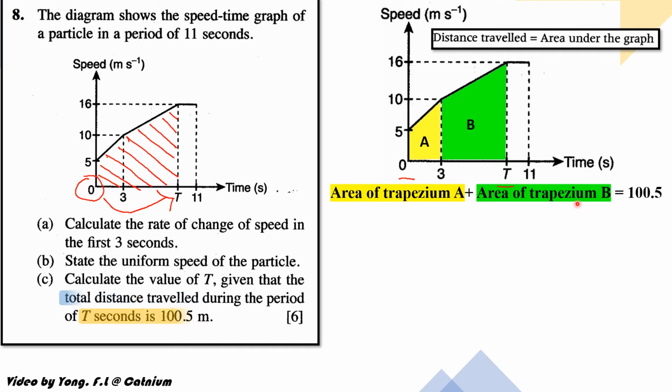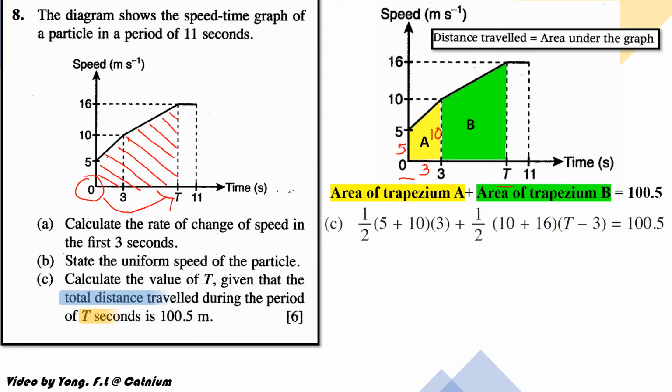Okay. From here we look for our t. So how to solve it? So this is for the area of trapezium A. So let me show you. The area of trapezium A is 1/2, this is 5, this one is 10, this one is 3.